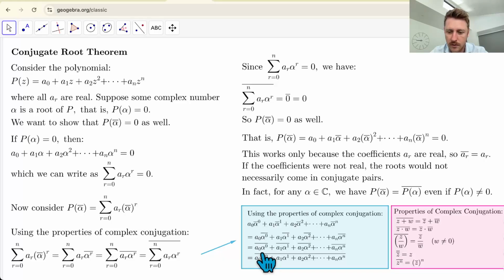That's another property of complex conjugation that's not listed there. In any case, you do that for each term, and then we know by this first rule that that's the same thing as the conjugate of the whole thing.